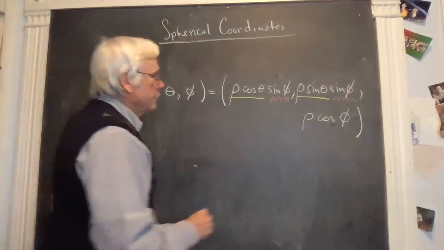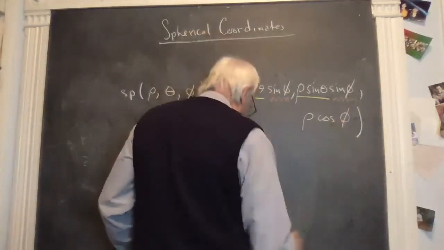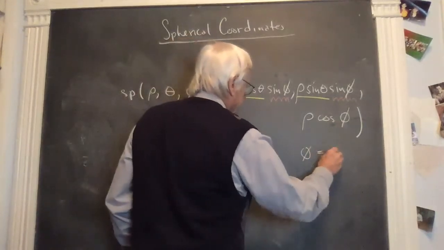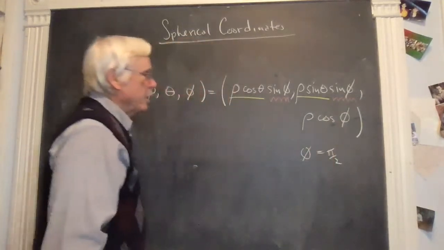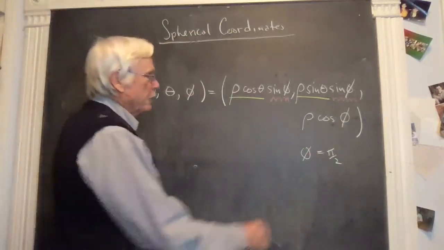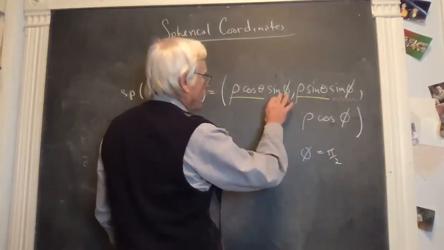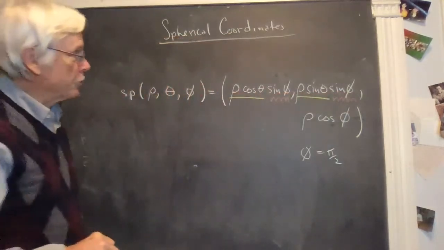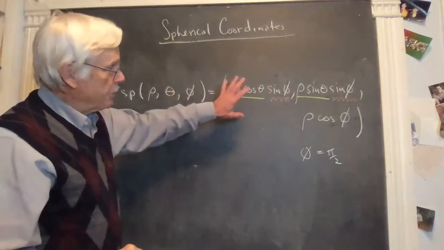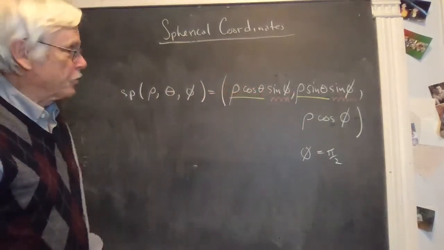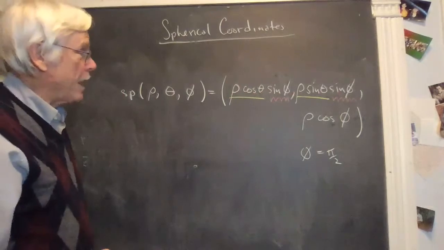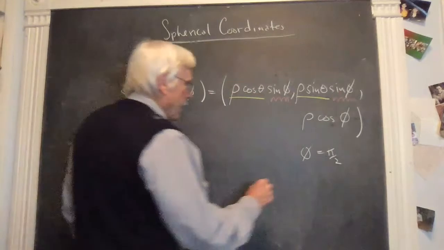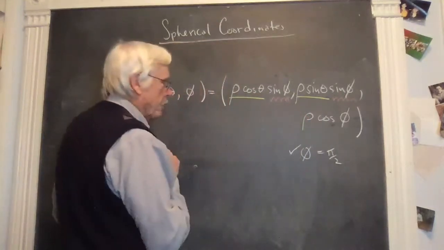So let's fix phi for a moment at pi over 2. If you fix phi at pi over 2, then this last term is 0. These two terms are 1. So you do indeed get polar coordinates. So in the xy plane, this is the same as polar coordinates. So the first thing to notice is that that is the case. So phi equals pi over 2 tells you that.